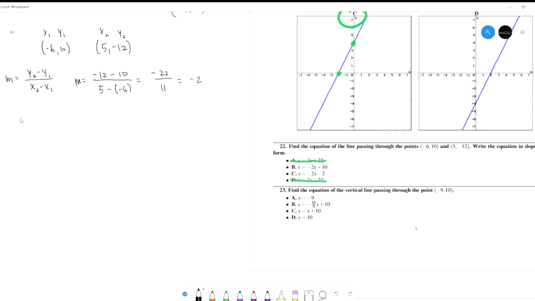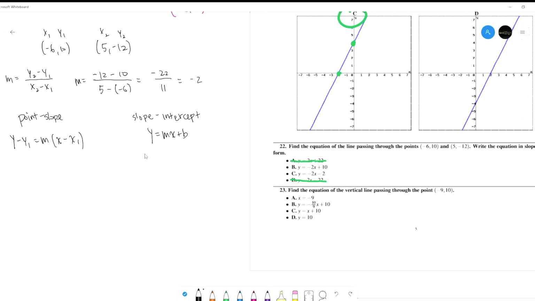You can either use point-slope form, which is y minus y1 equals m times x minus x1, or slope-intercept form, which is what most people are comfortable with, y equals mx plus b. I'm sure most of you probably did y equals mx plus b, so let's just do it that way and see if you got it right.